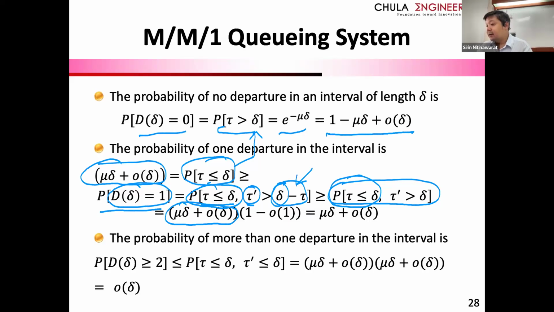What about the second one? Second one, you already computed it. It is this much. So why do I write it like this instead of 1 minus mu delta and little o of delta? Why do I write it as 1 minus little o of 1? What is little o of 1?